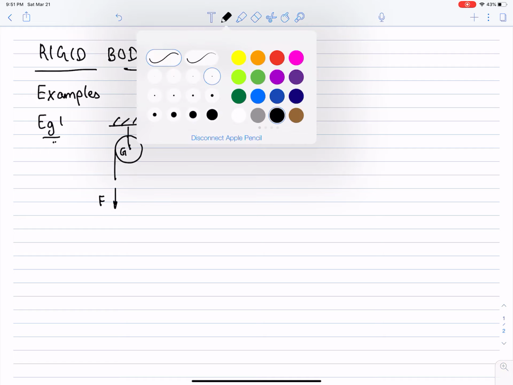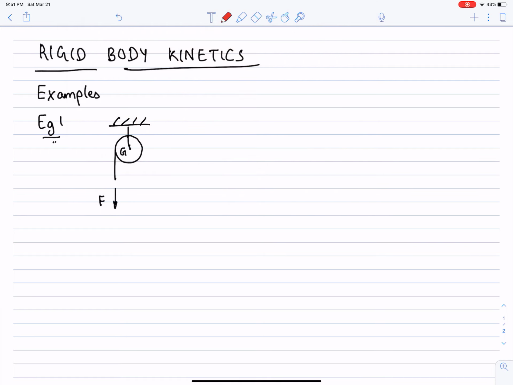It's a pulley with mass. This point G is the center of mass, and you have this rope connected to the pulley and force F acting on that rope.